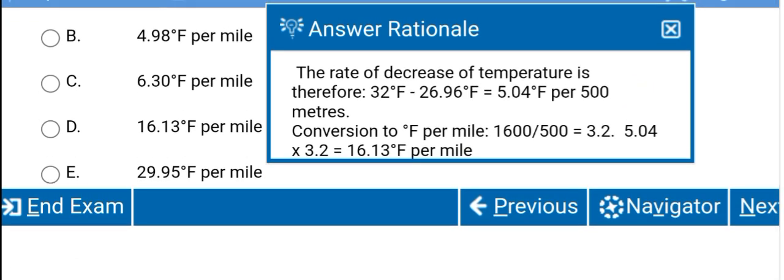Convert to Fahrenheit per mile. 1600 divided by 500 equals 3.2. 5.04 multiplied by 3.2 equals 16.13 degree Fahrenheit per mile.